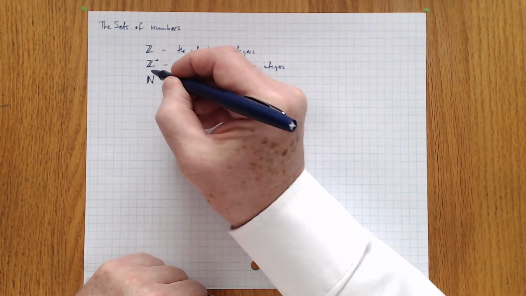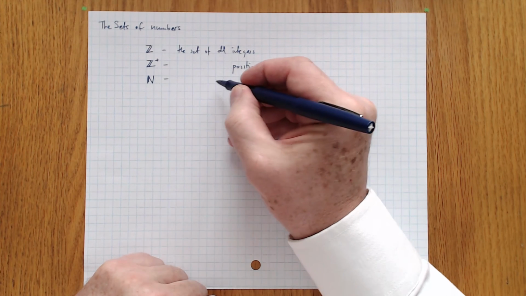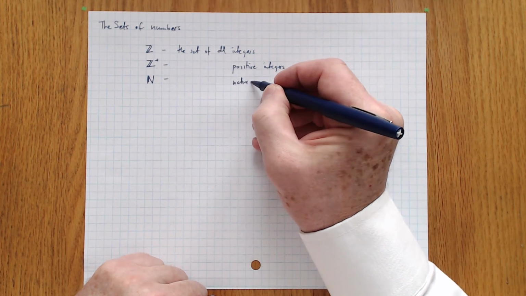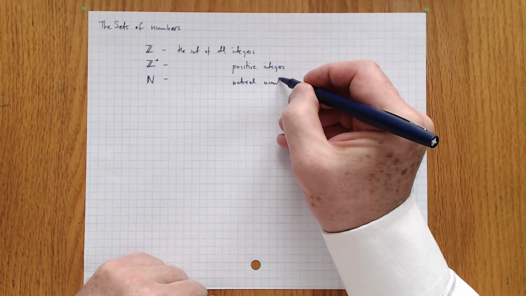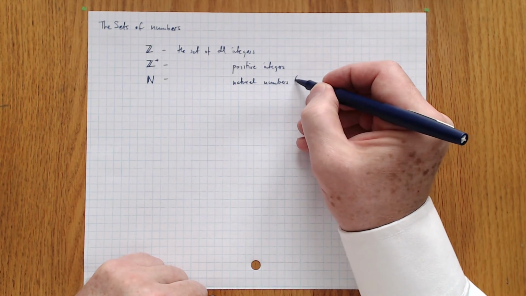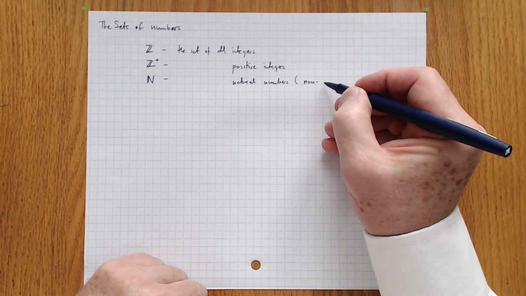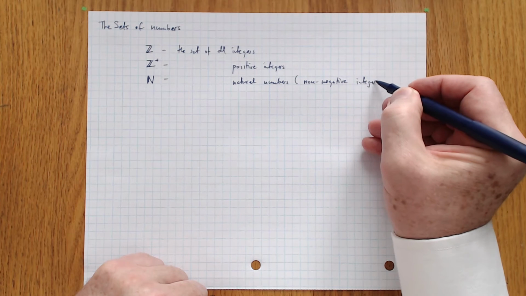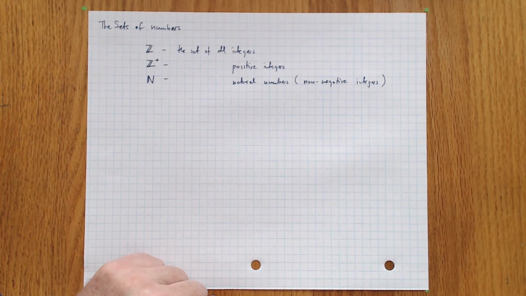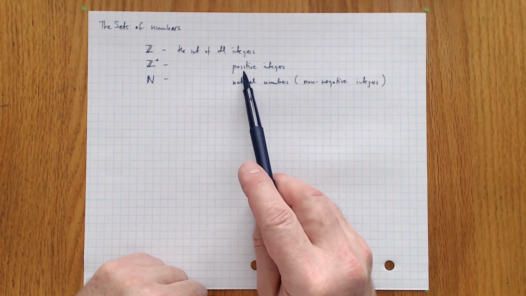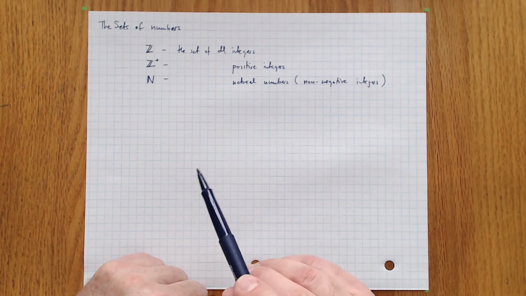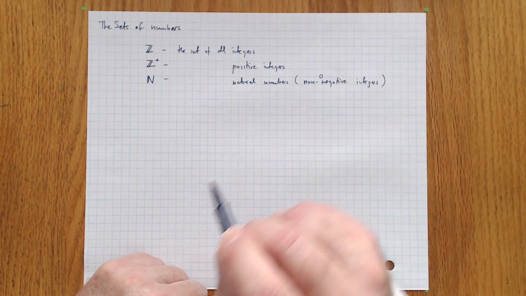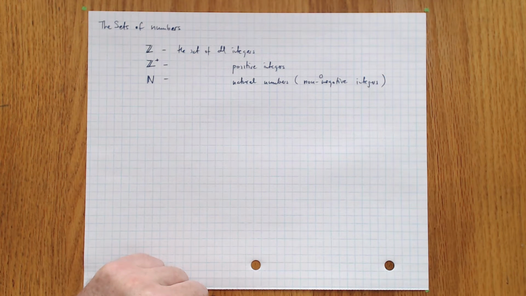N, natural numbers, which means non-negative integers. The difference between positive and non-negative is that 0 is included among non-negative integers. 0 is not negative, but 0 is not a positive integer.